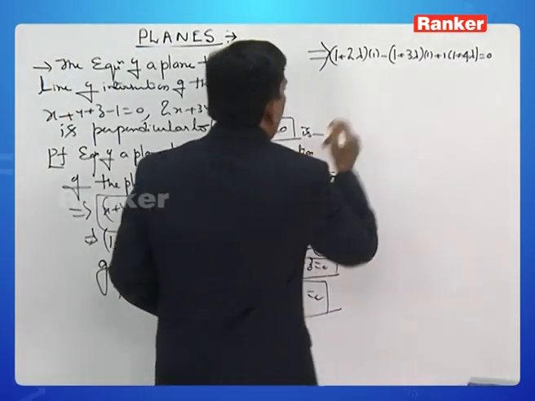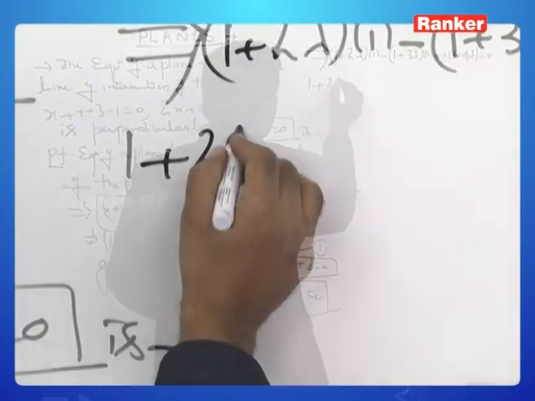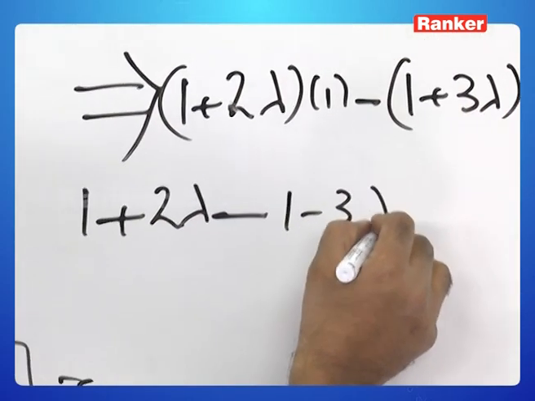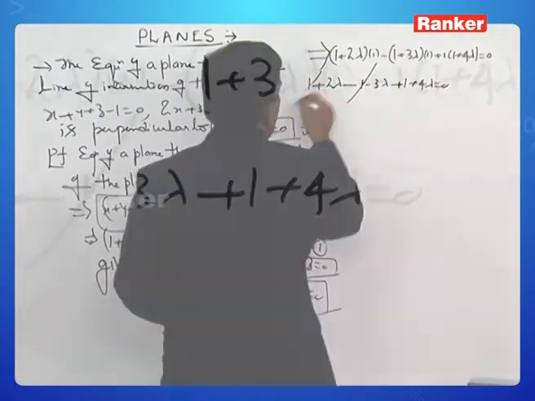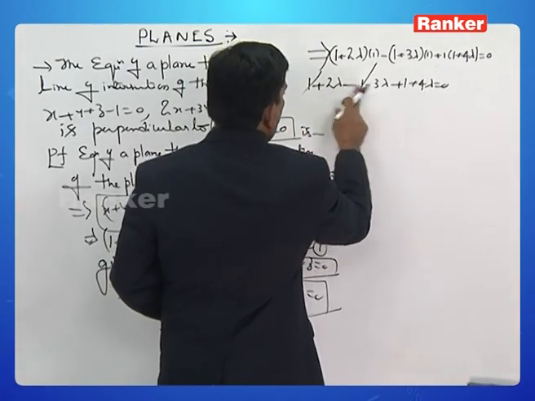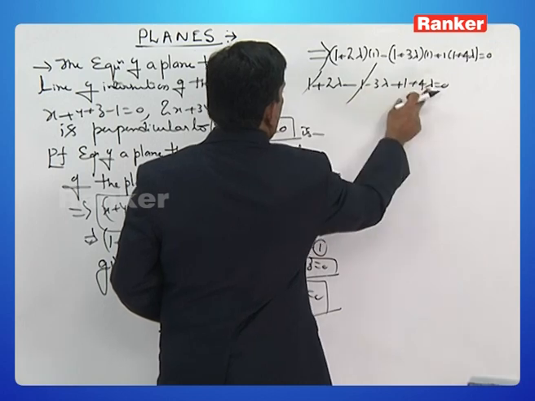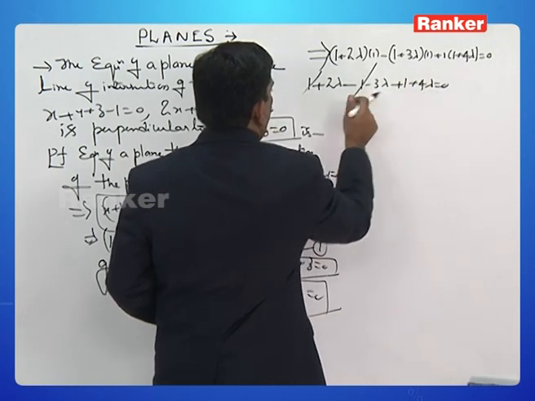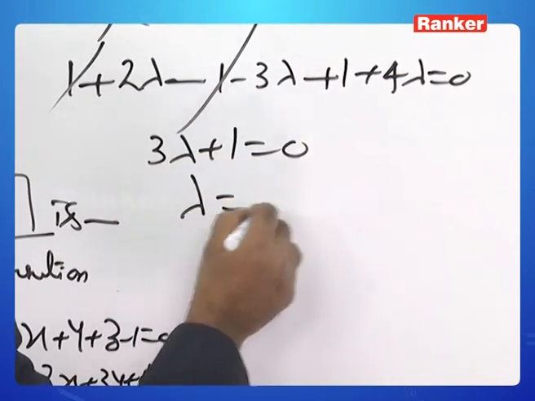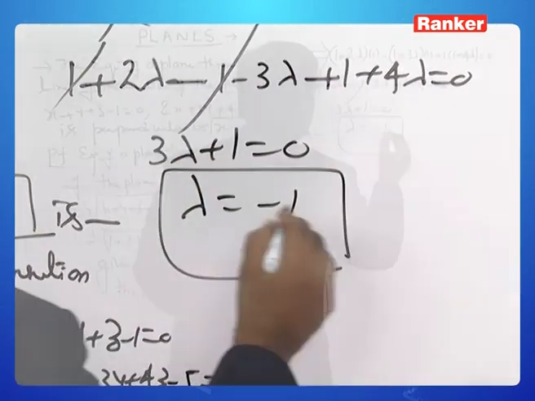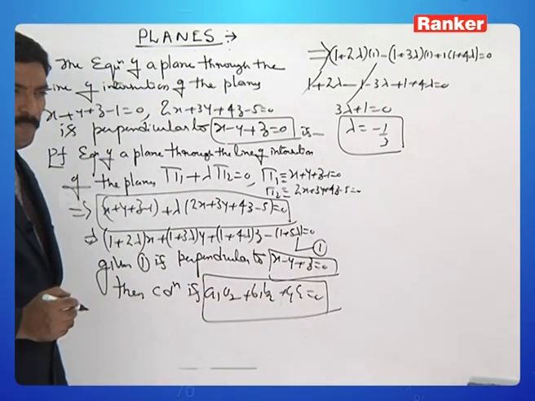So I can write 1 plus 2 lambda minus 1 minus 3 lambda plus 1 plus 4 lambda is equal to 0. Therefore, 3 lambda plus 1 is equal to 0. Lambda is equal to minus 1 by 3.